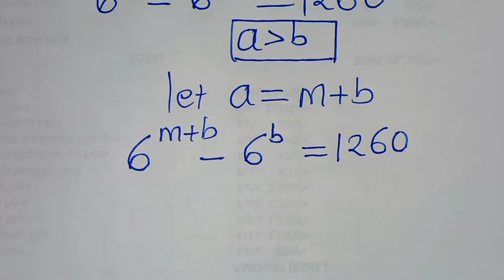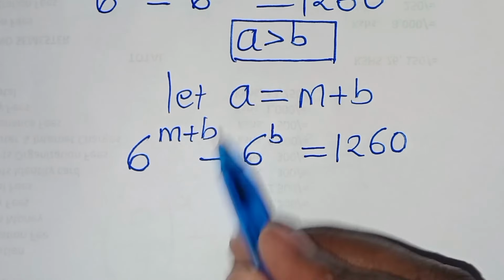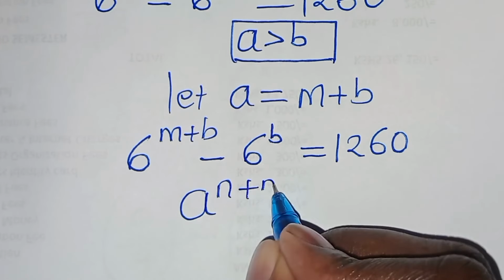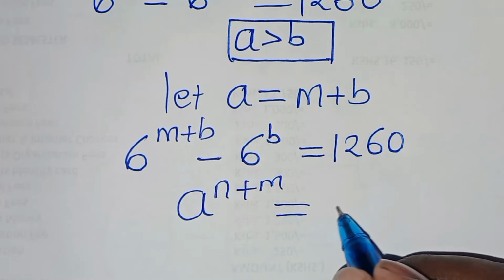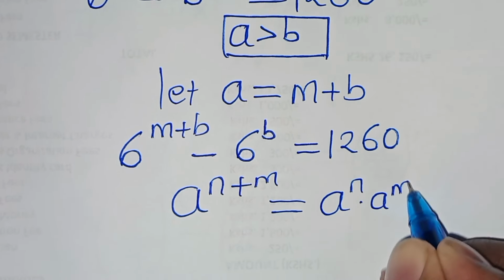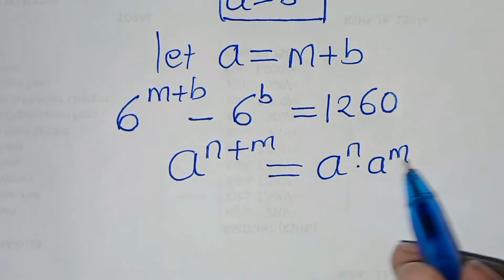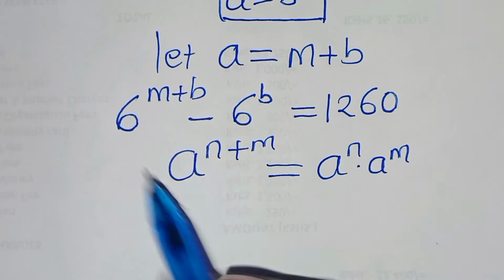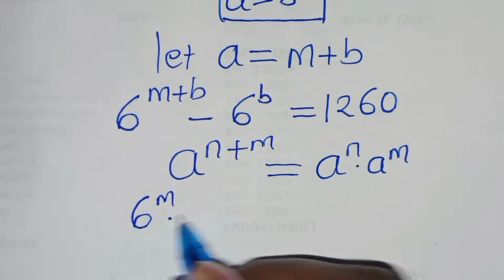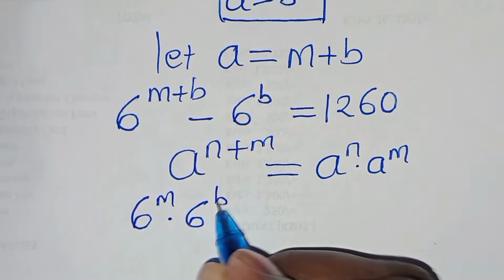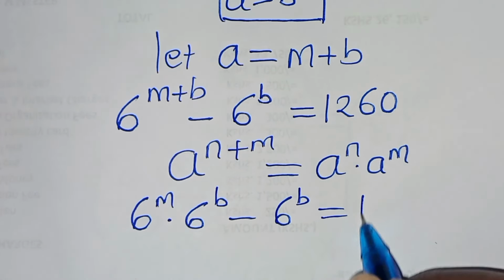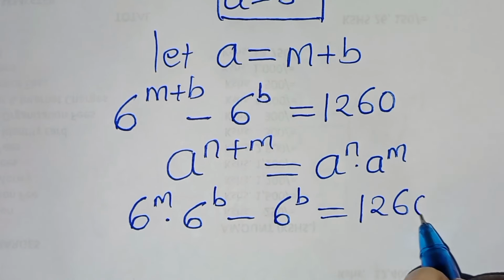The next step, 6 to the power of m plus b. This is in the form of a to the power of n plus m, and this can be expressed as a to the power of n times a to the power of m. Applying this exponent property, we have 6 to the power of m times 6 to the power of b, subtract 6 to the power of b, equal to 1260.